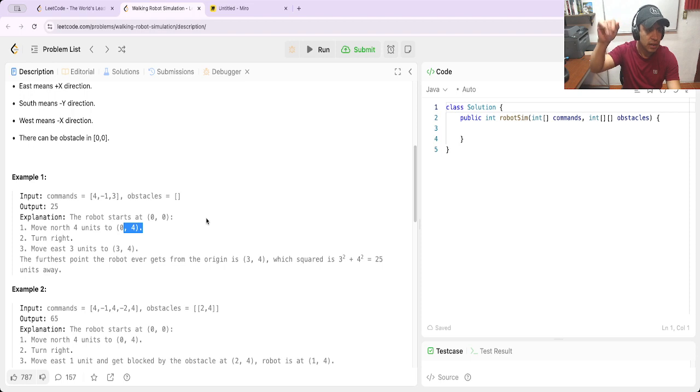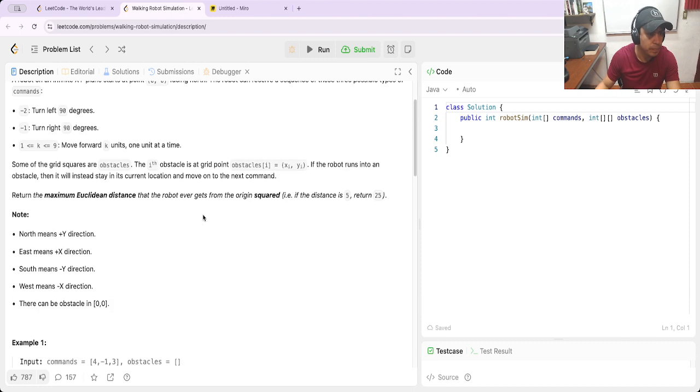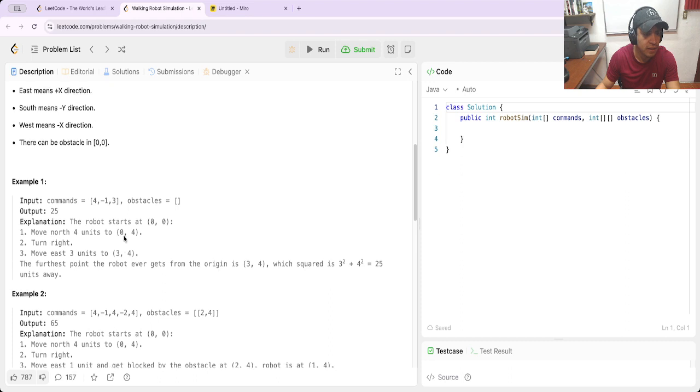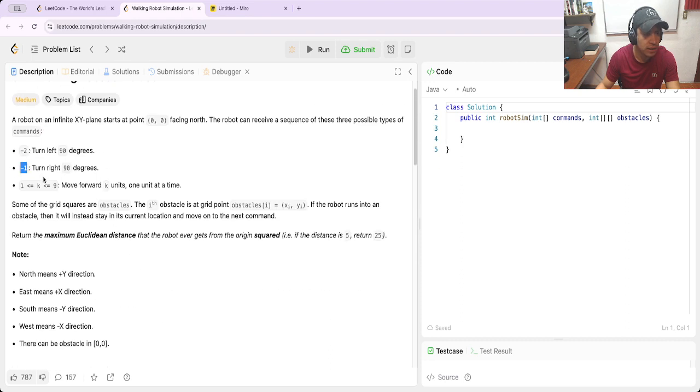Next is turn right. When the value is minus 1, it is basically turn right 90 degrees.